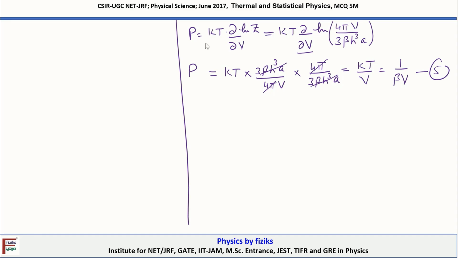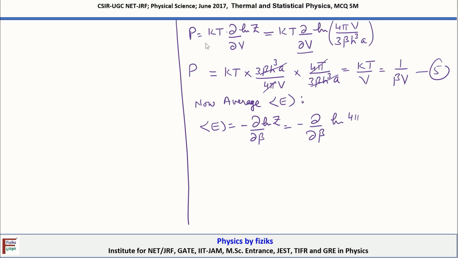Okay, now the average value of energy. As I said earlier, average energy E is minus curly derivative with respect to beta of ln z, so that is minus curly beta of ln of 4 pi V upon 3 beta h cube a.